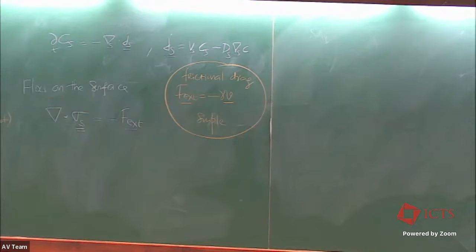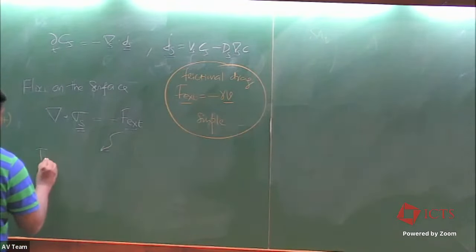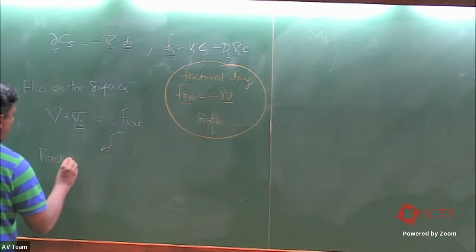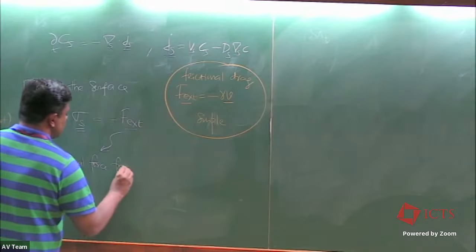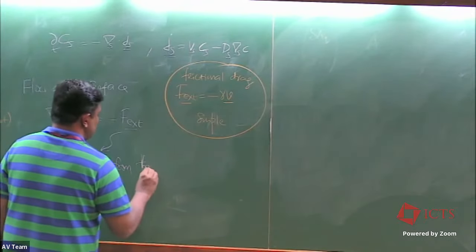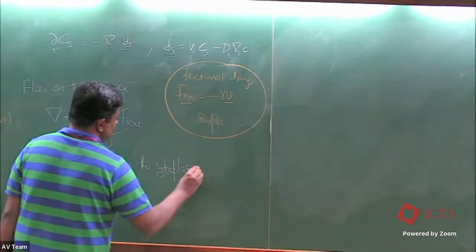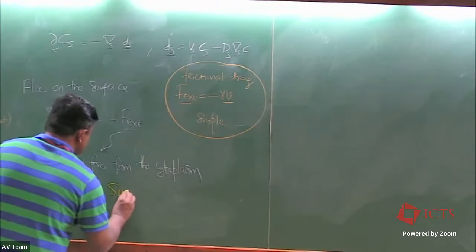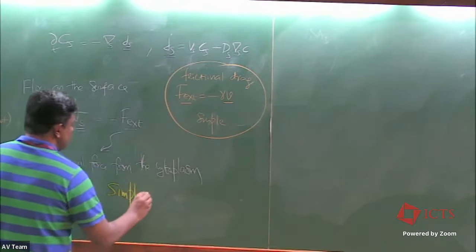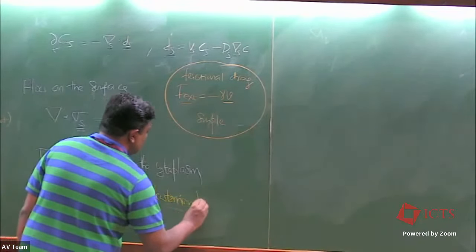A better model is to say that this really comes from the traction force from the cytoplasm. So you model the cytoplasm as a simple Newtonian viscous liquid.